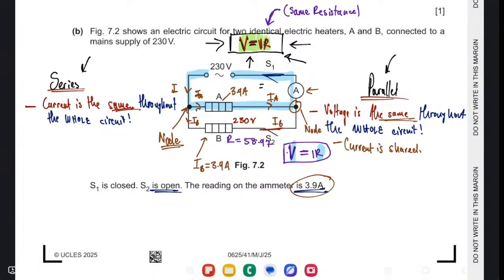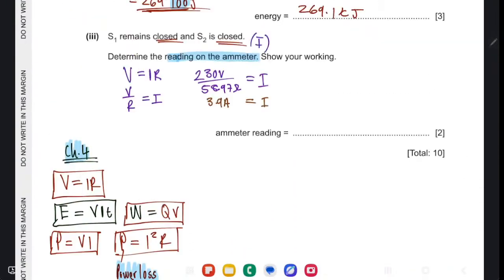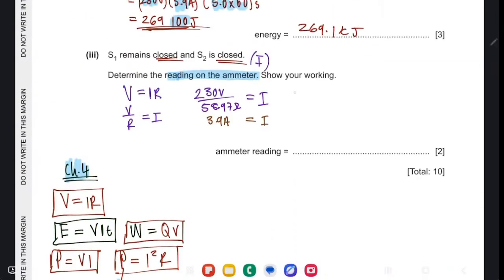Now, what we know is when it split, we got IA and they told us it was 3.9 amps. Then IB, we calculated, we got 3.9 amps again. So we can now say that the total current, because that's the one they want, after it recombines, is going to be equal to 3.9 amps plus 3.9 amps.